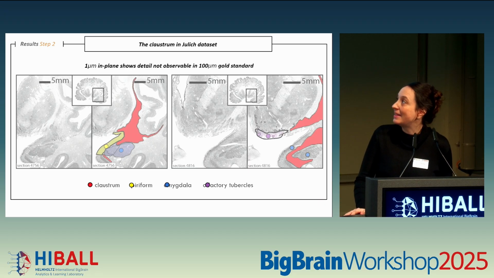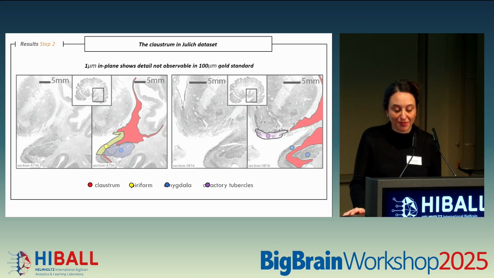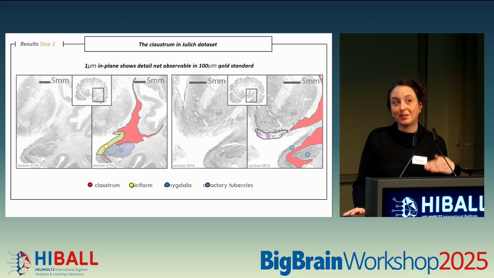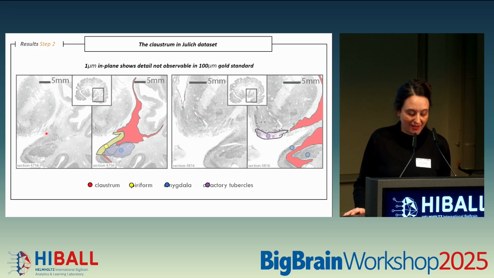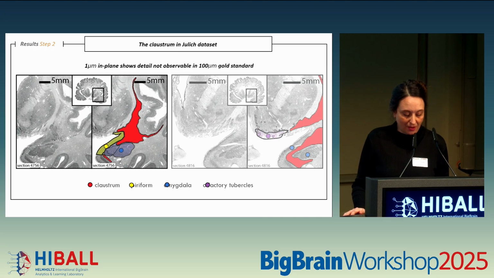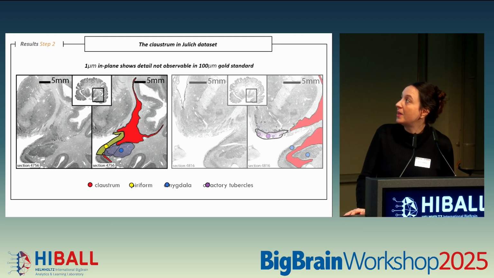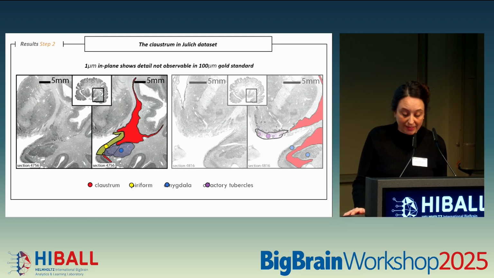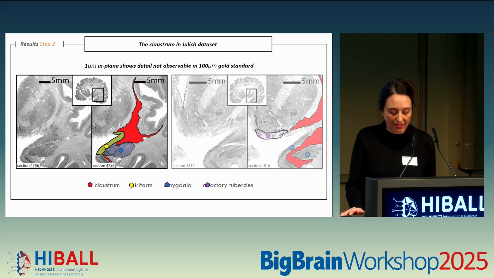But I think more relevant to the task at hand is that the Julich data actually reveals to us some details that are not available in the BigBrain dataset despite the 100 micron resolution. So on the left, we see that the claustrum in red is directly touching both the piriform cortex in yellow and the amygdala in blue.